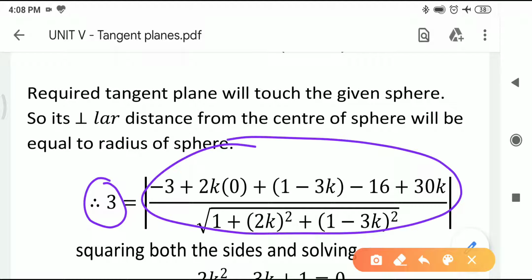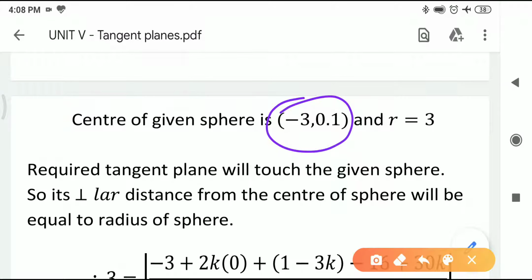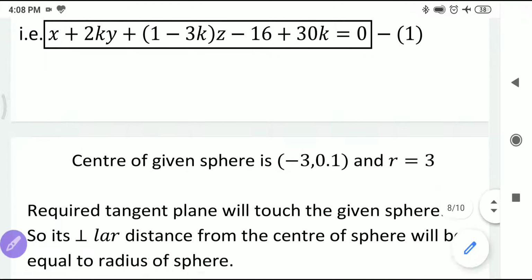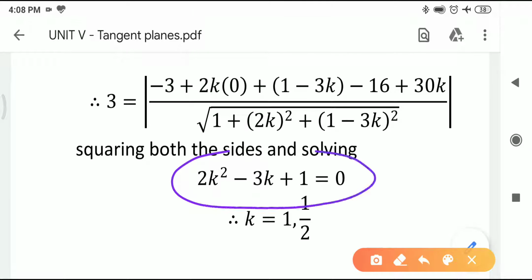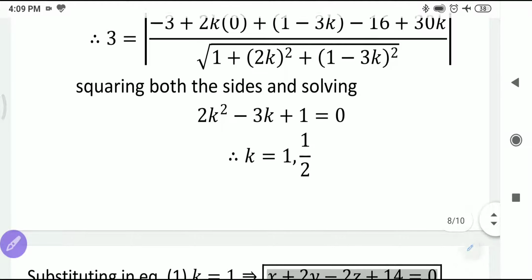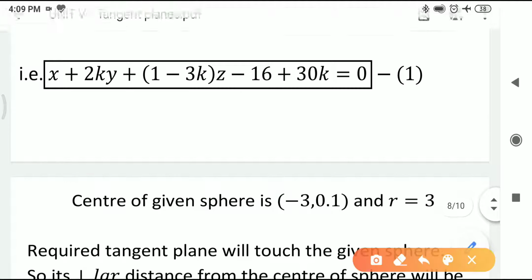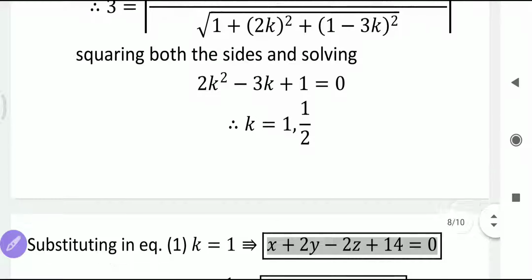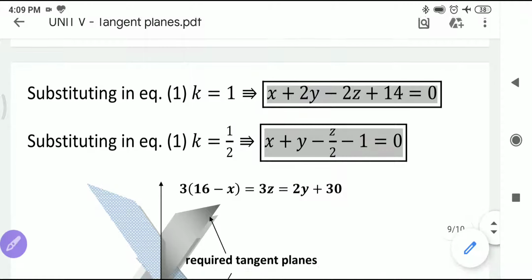We put the center point in the equation of the plane, in the length of the perpendicular formula. From this you will get an equation, and you are going to get two values of k: 1 and half. When you put k equal to 1, you get one equation of the plane, and when you put k equal to half, you get another equation of the plane. So these are the two planes we get over here.